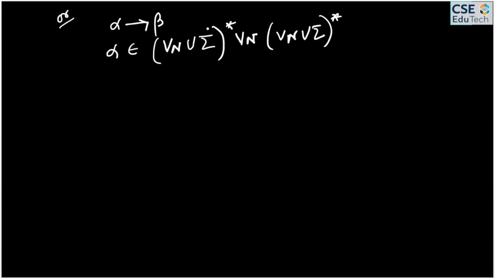That means in both of these cases it may be empty, epsilon, so only the non-terminal will remain, and beta belongs to Vn union sigma star.